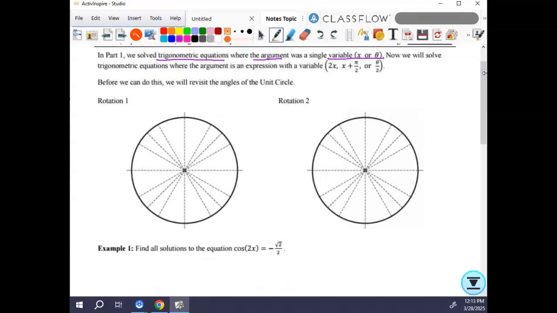Now we'll solve trig equations where the argument is an expression with a variable, something like this. I chose not to add the ones that have the plus or minus in them on here. I think it's very unlikely that you would see one like that. You're way more likely to see a 2x or a theta over 2 type of situation, but even that is a maybe.